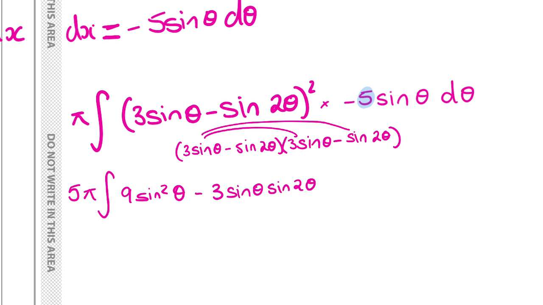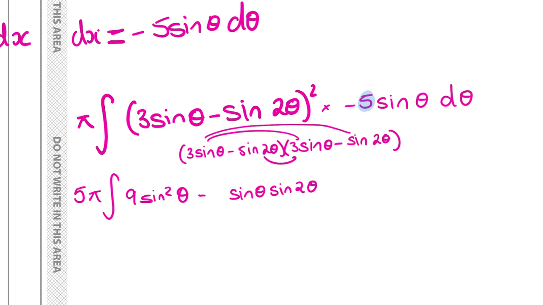Okay? Minus 3 again of that. So what does that make this? 6. Minus 3, minus 3. Then we're going to have plus sine squared 2 theta.